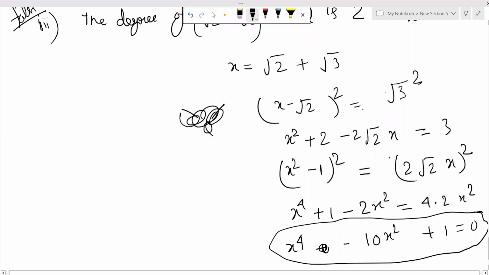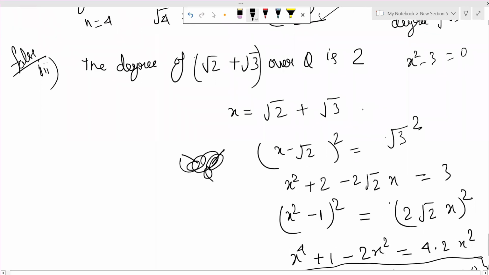First tell me. Eisenstein criterion for irreducibility of a polynomial. What is that? Tell me.